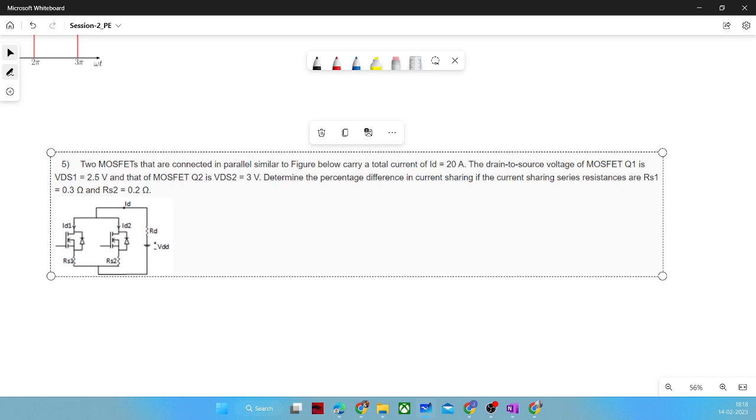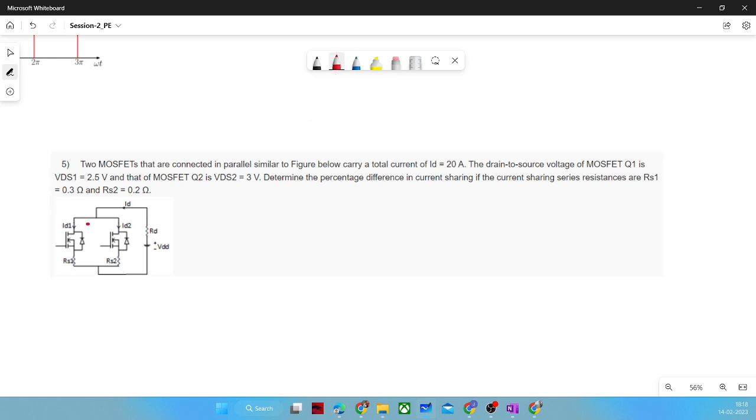If you have solved any parallel connection circuits, like parallel connection of alternators, you just have to equate the voltage across these two terminals. Then you will get two different equations.